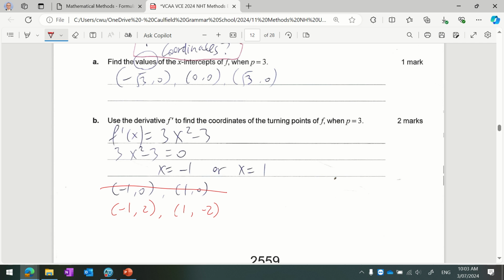I must have substituted -1 and 1 back into f dash, whereas I needed to substitute them into f.